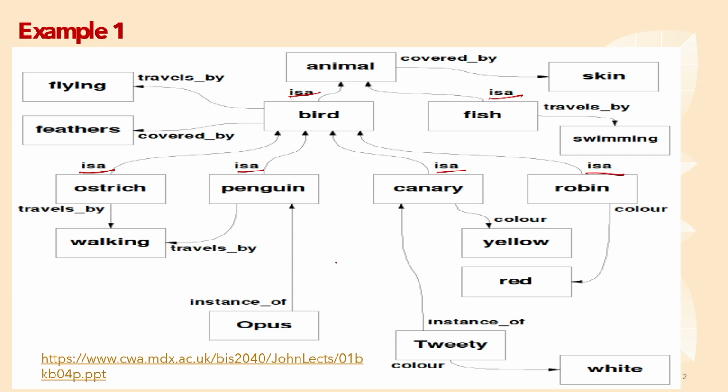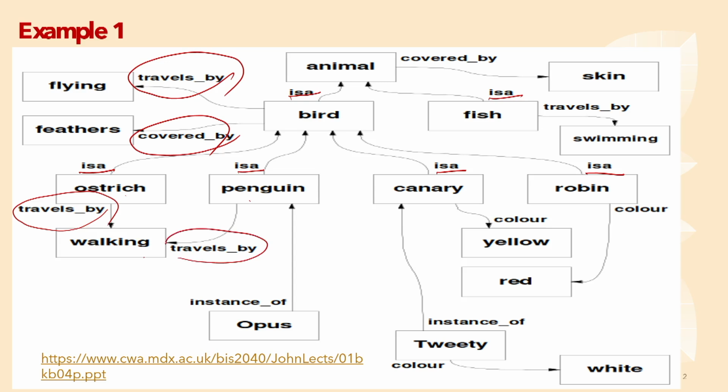These are the instances, and if you check the properties of it, bird travels by flying, this is a property, covered by feathers, it is a property, ostrich travels by walking, and all these, if you see, are nodes, whatever is in the nodes are the concepts.